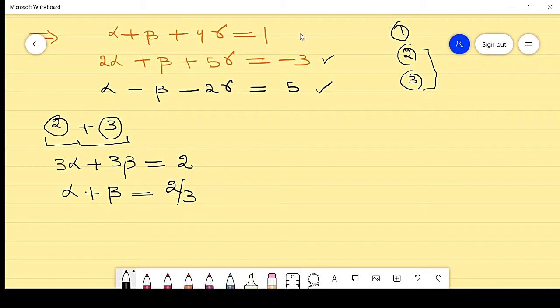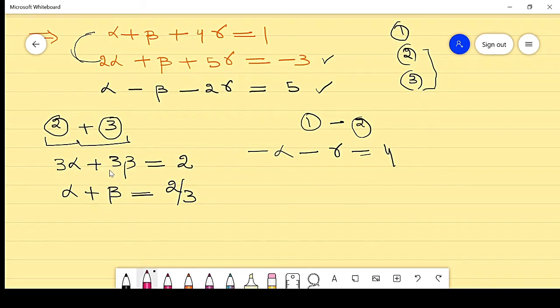Now from equation number 1 and 2, if I use equation number 1 minus equation number 2, what do we get? We get minus alpha minus gamma, which is equal to 1 minus this, which is a 4.